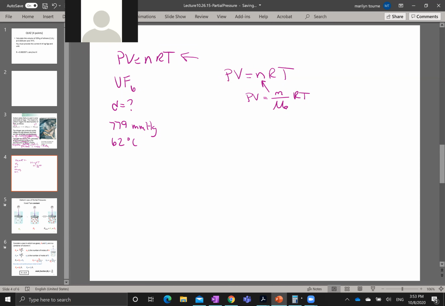You need to find density. What is density? What are the units of density? Mass over volume. Okay, so here's mass right there, and here's volume right here. So you need to get all of that together, right? Mass over volume. So how do you do that?